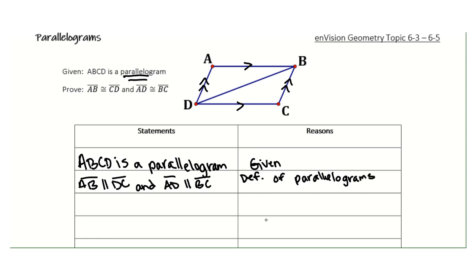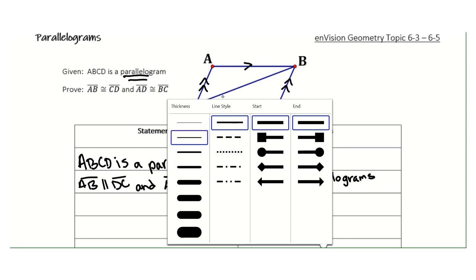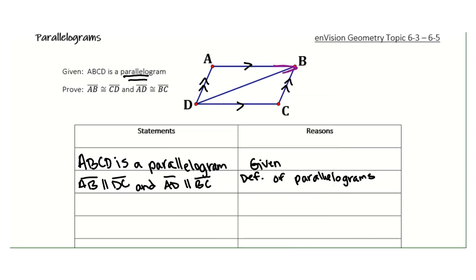All right, what else do I know? Well, here I have parallel lines, and I have a transversal cutting through them. So what can I say? Well, let's see. Angle ABD, so let me get a different color here for you. Angle ABD, so this angle right here, has to be congruent to angle CDB, this angle right here.